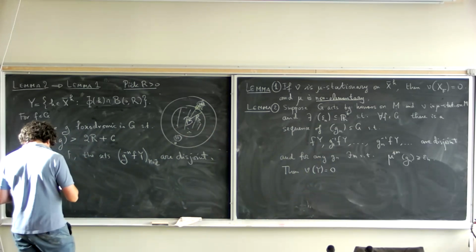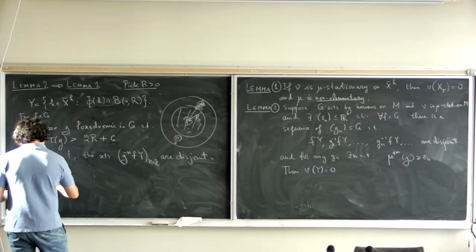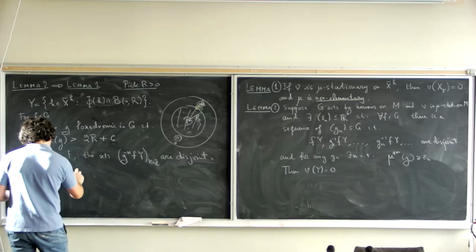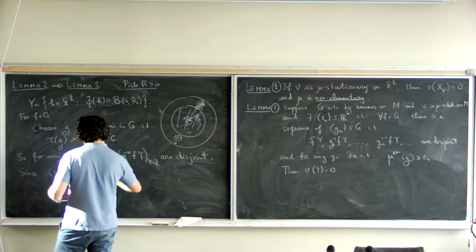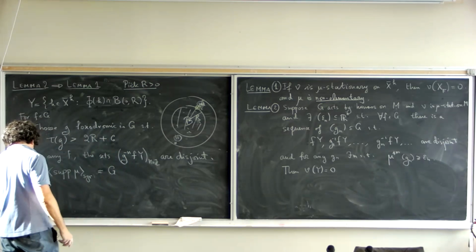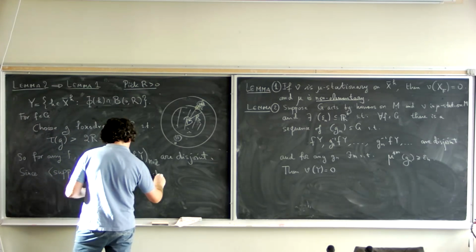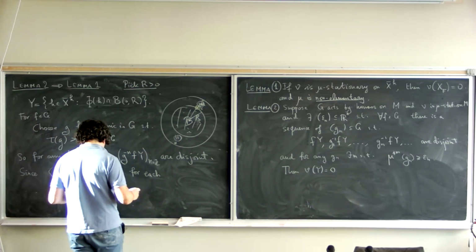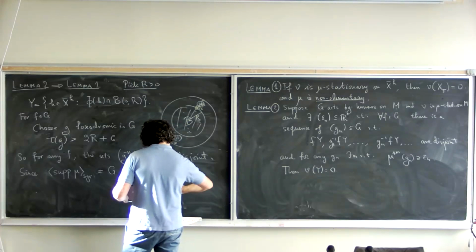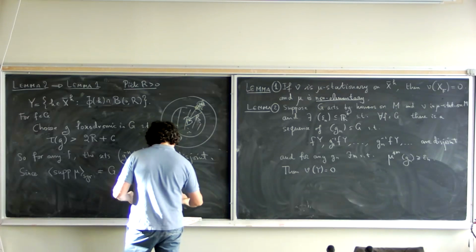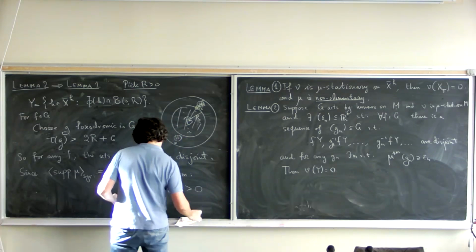So since the semigroup generated by the support of mu, let's assume here, is equal to G, then for each n, there exists m such that mu star m of Gn, which we set to be epsilon n, is positive.